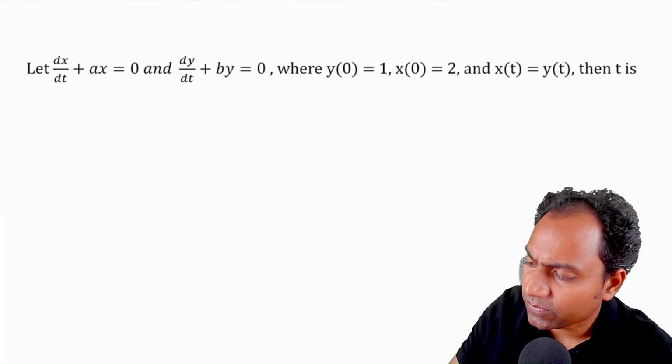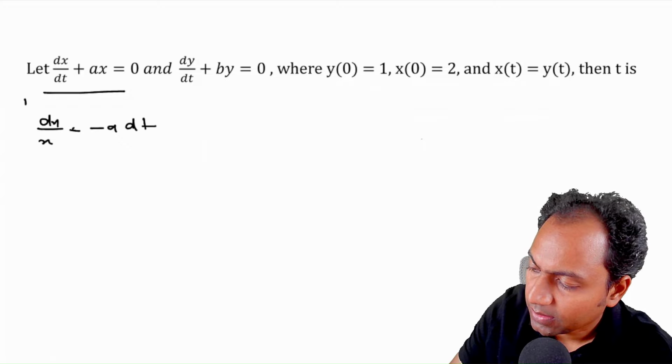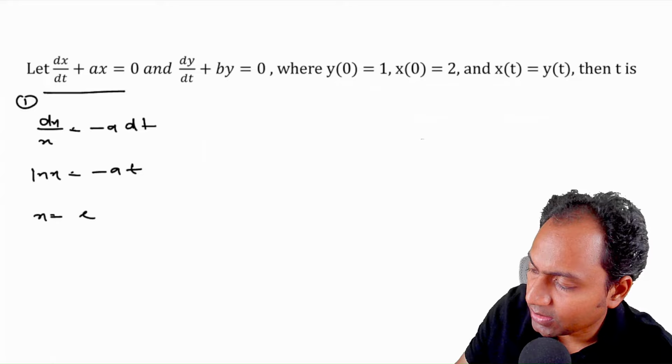So if I take this on the other side, this becomes nothing but dx by x equal to minus a dt. And if I integrate both the sides, this becomes ln x and this becomes minus at. So x is nothing but e raised to c. So if I take e raised to c as capital A, this becomes A e raised to the minus at.